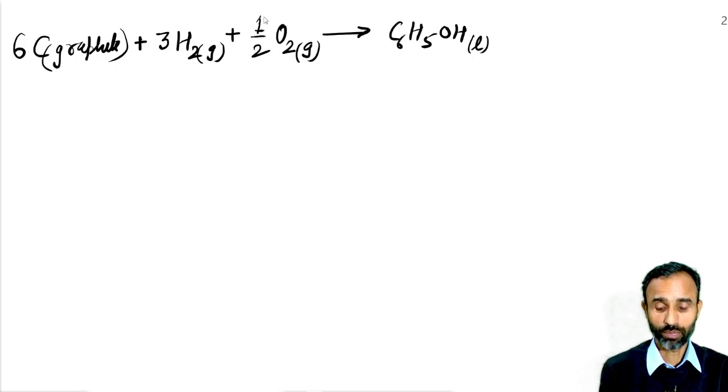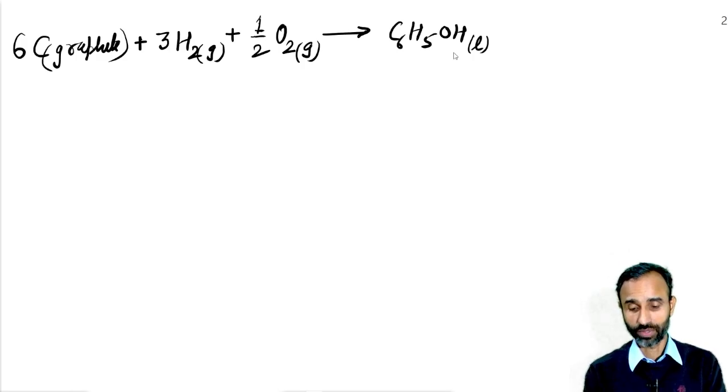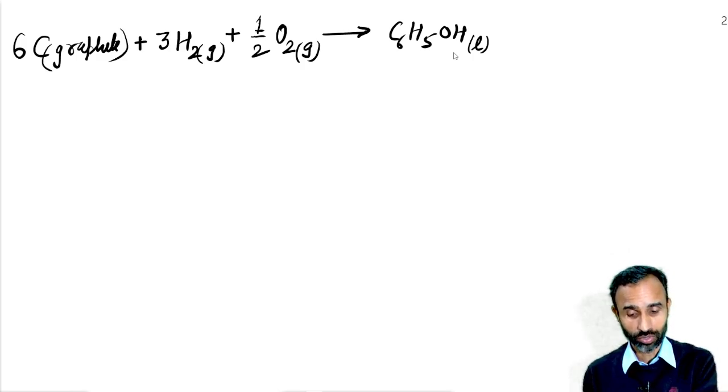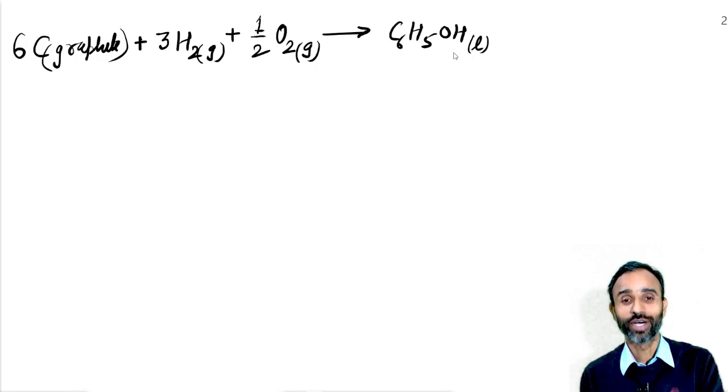So keep in mind that C6H5OH should be 1 on the right side, and in that way you will balance the elements. See, there is half O2, but don't multiply by 2, otherwise it becomes twice the enthalpy of formation.